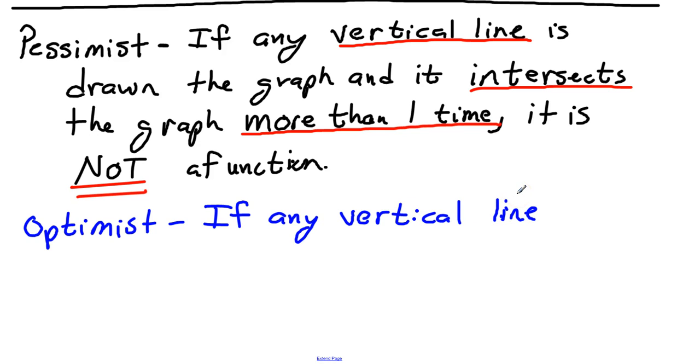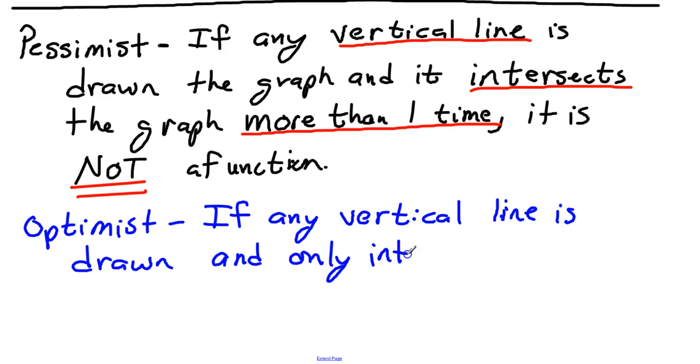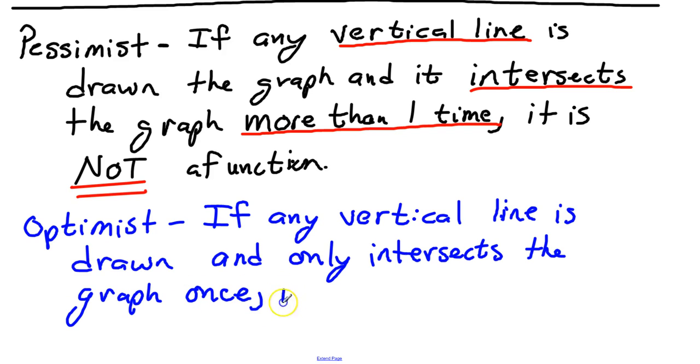If any vertical line is drawn and only intersects the graph once, then it is a function.